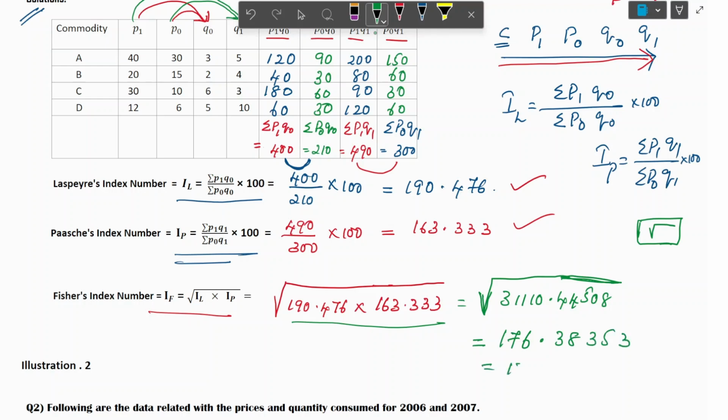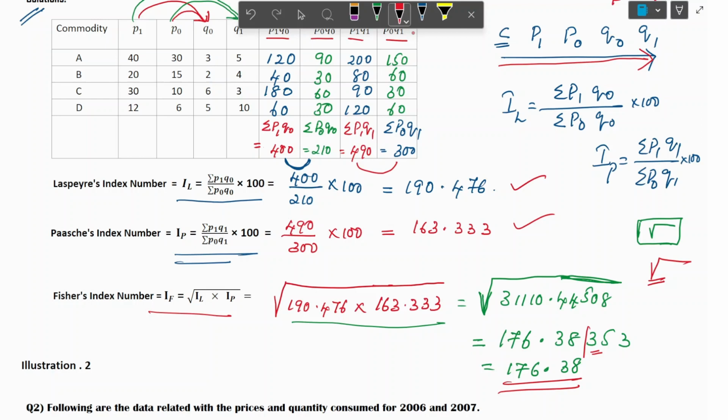Therefore, here you can round to 176.38, because after 8, that is 3, which is less than 5, you can just neglect it. Therefore, this is your final answer. Now listen, finding the square root with the simple calculator and with the mobile is different. Therefore, make sure that you use your simple calculator for practicing for examination.